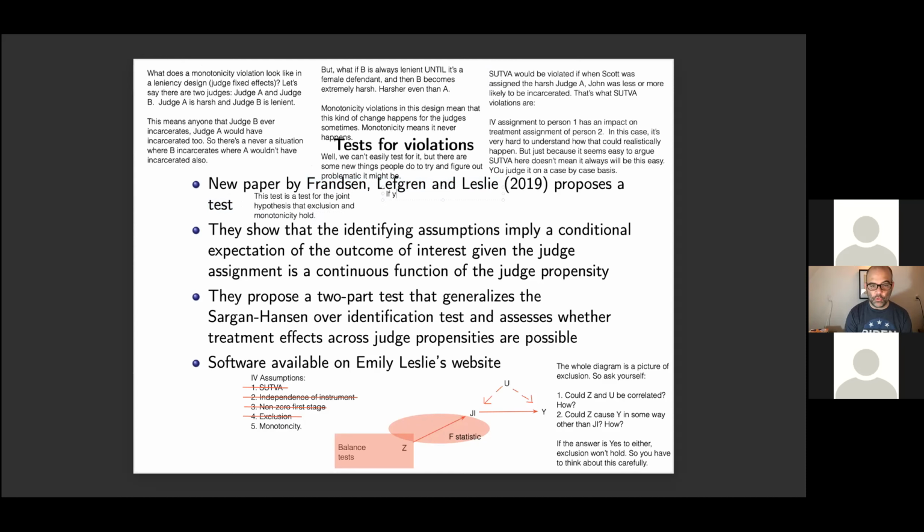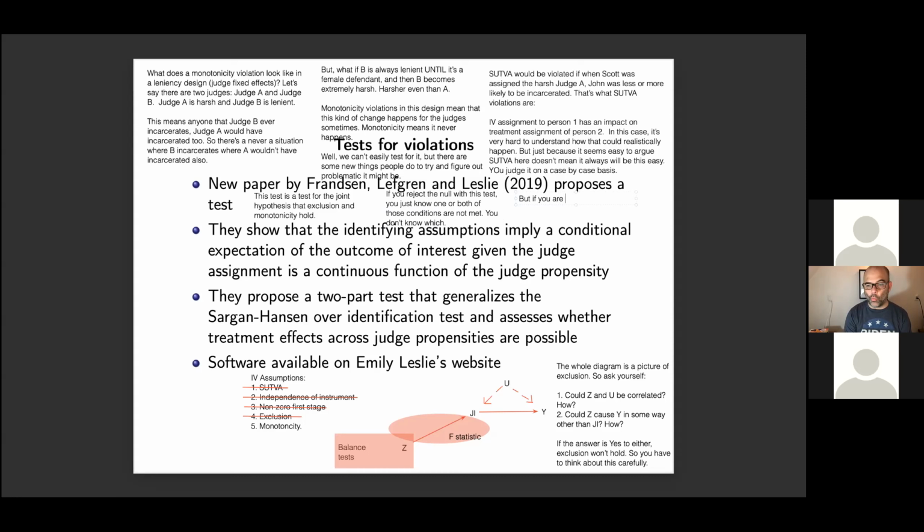Now, if you reject the null with this test, you just know one or both of those conditions are not met. You don't know which. Okay.